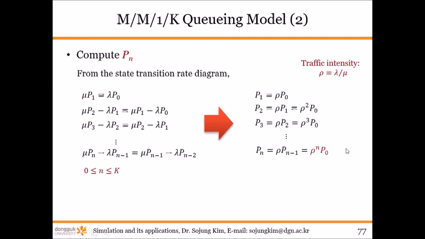If you look at the right hand side over here, you can see that each probability value is transformed as a function of P0, right? Rho P0, and then rho squared P0, and so on, right?